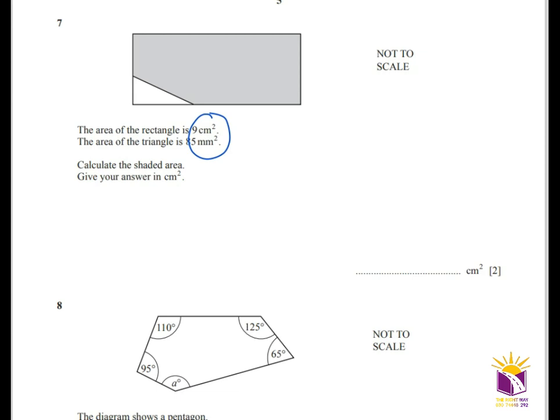One is in centimeter square and the other one is in millimeter square. So I want to get my answer in centimeter square. So I am converting 85 millimeter square into centimeter square. Because I am going from millimeter square to centimeter square, I am going to divide my value by 100.